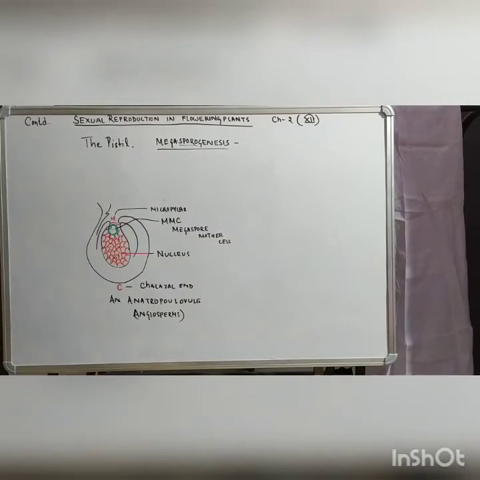So what two features do we learn today? Megasporogenesis and microsporogenesis. In megasporogenesis, the gametophyte we get as the end product is large in comparison to the male gametophyte, that is the pollen grain. So let's define the topic first.